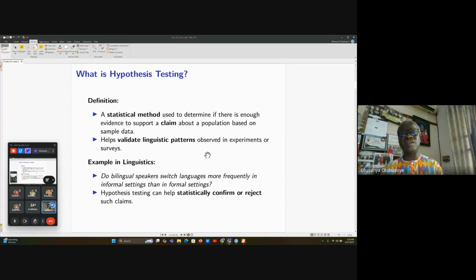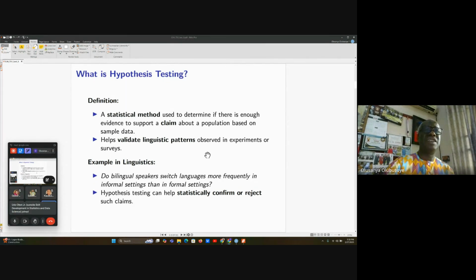So it's a statistical method used to establish if we have enough evidence to support a claim about the population based on the sample data.